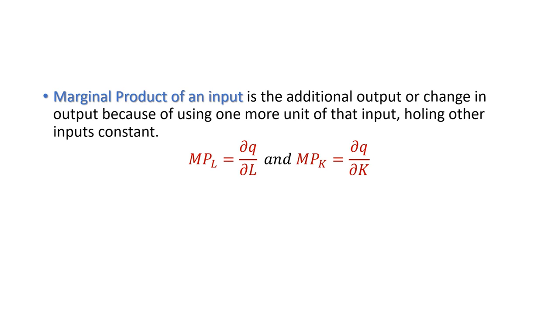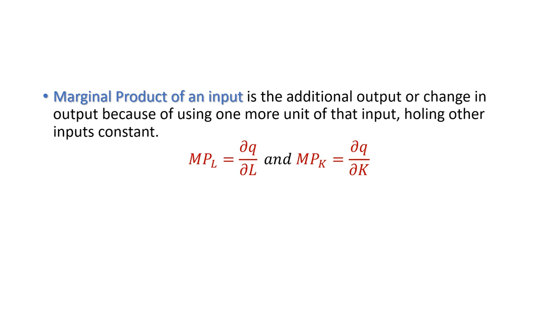That is, the marginal product of labor is the rate of change in quantity of output with respect to a change in labor, and the marginal product of capital is the rate of change in output with respect to a change in capital. We can also say that the marginal product of an input represents the slope of the production function.